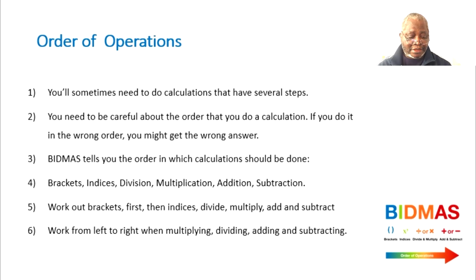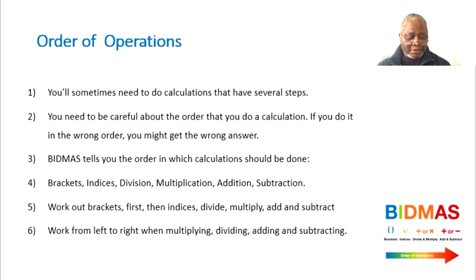B stands for brackets, clear your brackets first, and then indices, which is for your squares and square roots. Do that sum first if you have any figures that have got squares or square roots, so you have one figure for them, and then you divide, and then you multiply, you add, and then you subtract in that order. Point 5 explains it.